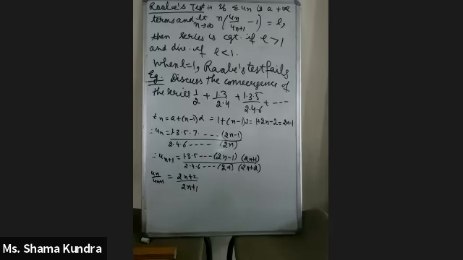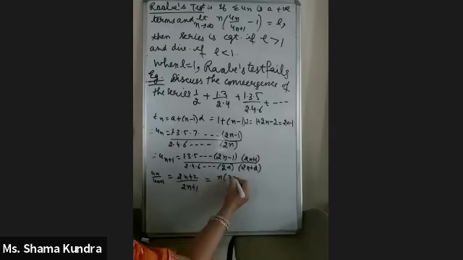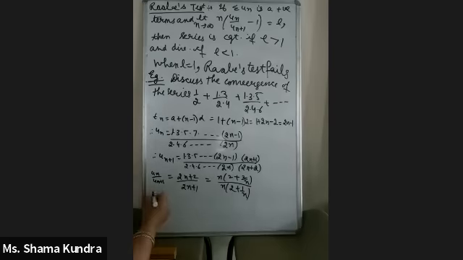Taking the higher power of n common, take limit n tends to infinity. This will become 0, this will become 0. We are left with 2 upon 2, which is 1. If the limit comes out to be 1, then the ratio test fails.